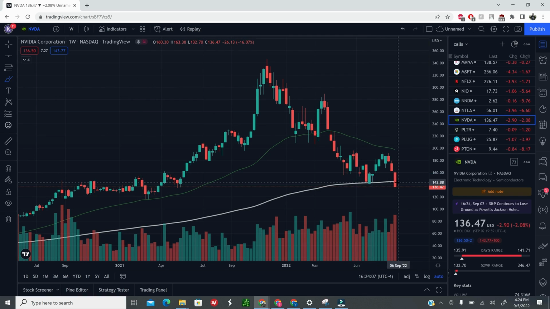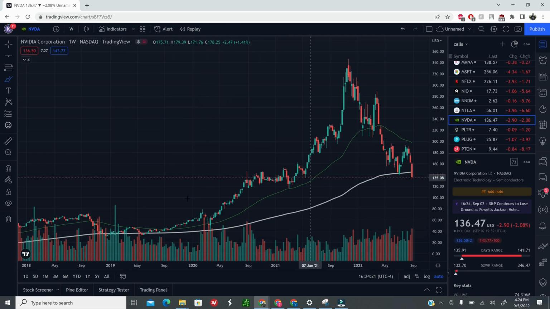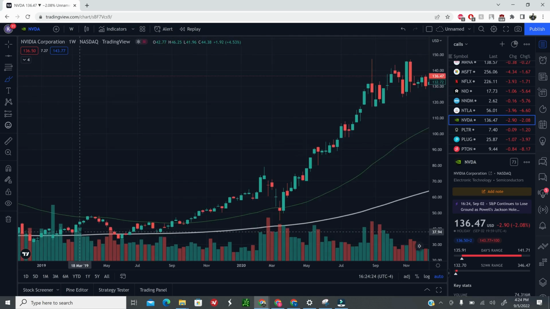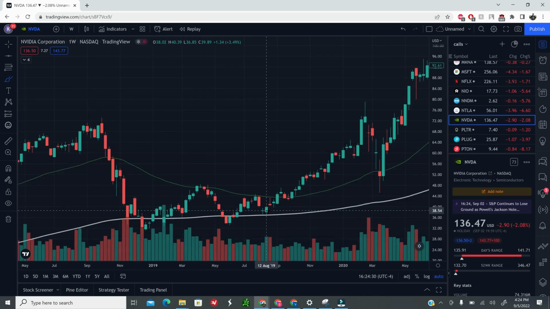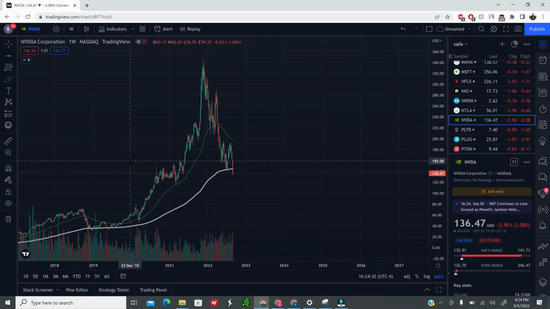Now we have the break of the 200 EMA and a close below the 200 EMA on the weekly chart, which is actually a significant thing because the 200 EMA usually should act as support. We have seen it being broken one other time right here, which stayed there for a couple of weeks, but this here is again a very bearish sign.